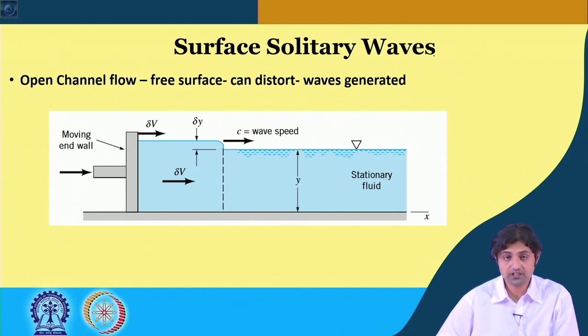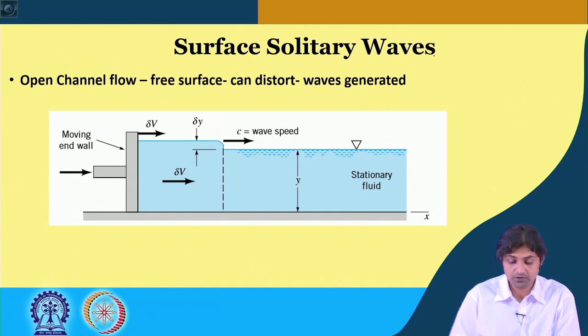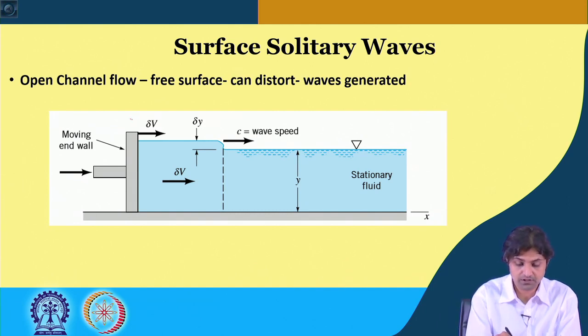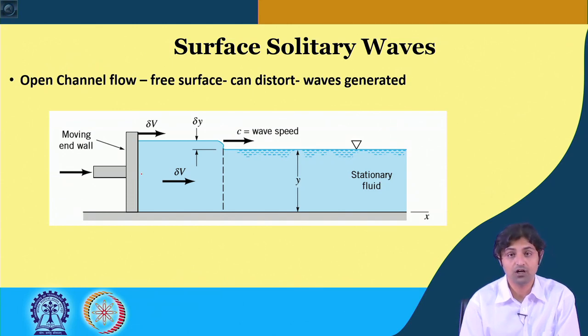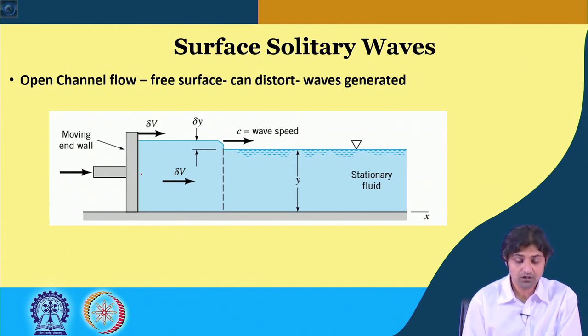How? Suppose there is water enclosed in this area, and we have a moving end wall supporting this water. Because if we can move this wall, the disturbance can be produced and the waves can be generated.